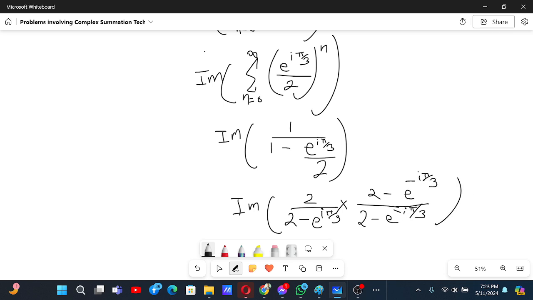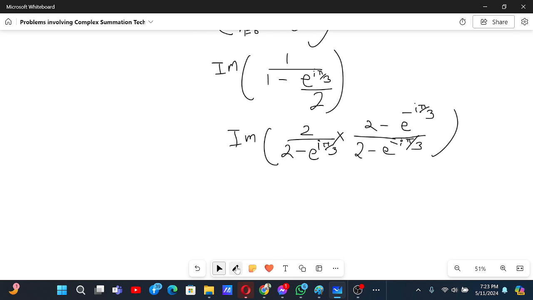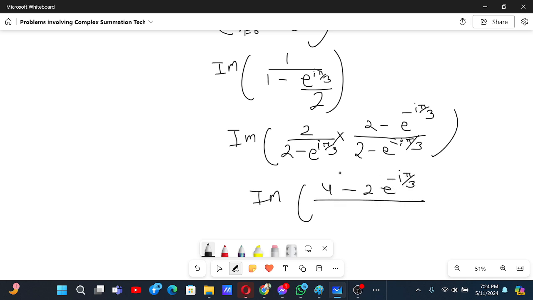Yes, okay, and now we get the imaginary part of 4 minus 2 e to the power minus i pi by 3 by, now this is just 4 minus 2 of e to the power minus i pi by 3 plus e to the power i pi by 3, and then this is just plus 1.